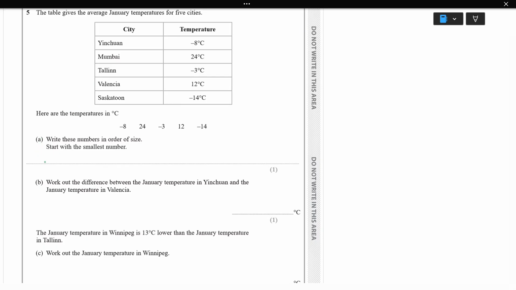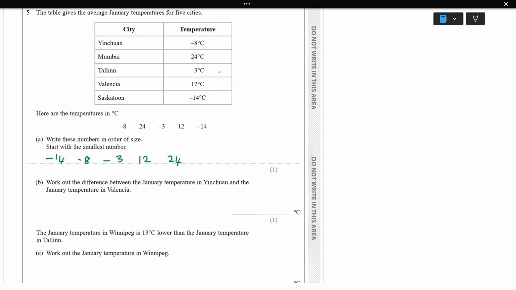So negative 14, and next one is going to be negative 8. Next is going to be negative 3. Next is 12. Then the largest one is 24. So we arrange.